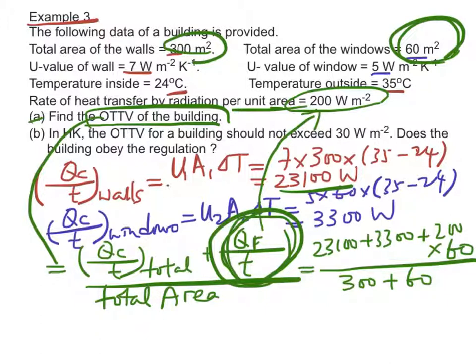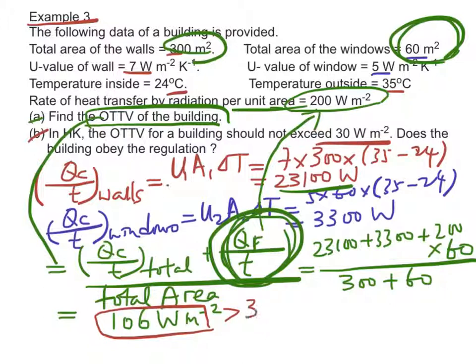Therefore, OTTV of the building is equal to 106 watts per meter squared. For part B, since the OTTV of the building is larger than 30, the building does not obey the regulation.